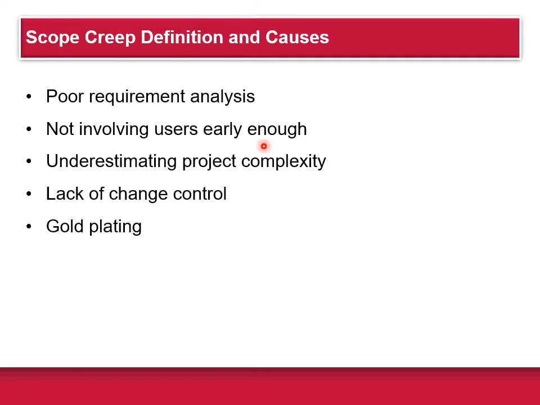Not involving customers early enough can also be a problem. Underestimating the project complexity is also a problem. Lack of change control is a problem. You need very robust change control to ensure that only the appropriate changes occur in the scope of the project.